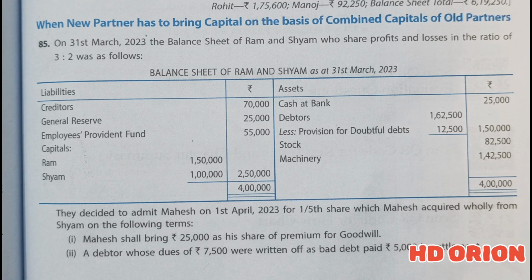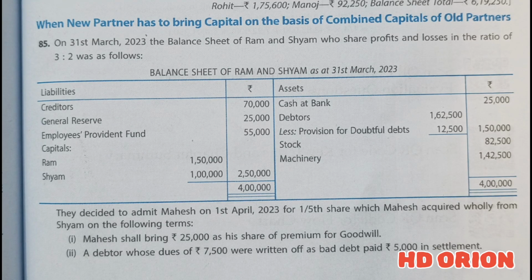I hope you have understood this concept; it is repeatedly discussed in most of the questions that the premium brought in by the new partner is to be paid to the sacrificers. So here only one partner, Shyam, is the sacrificer. The other partner Ram has not sacrificed anything in favor of the new partner.